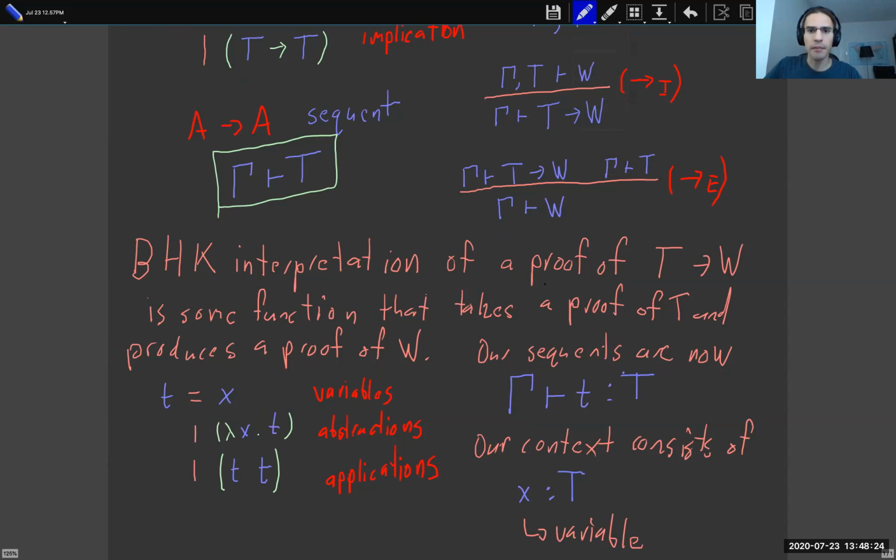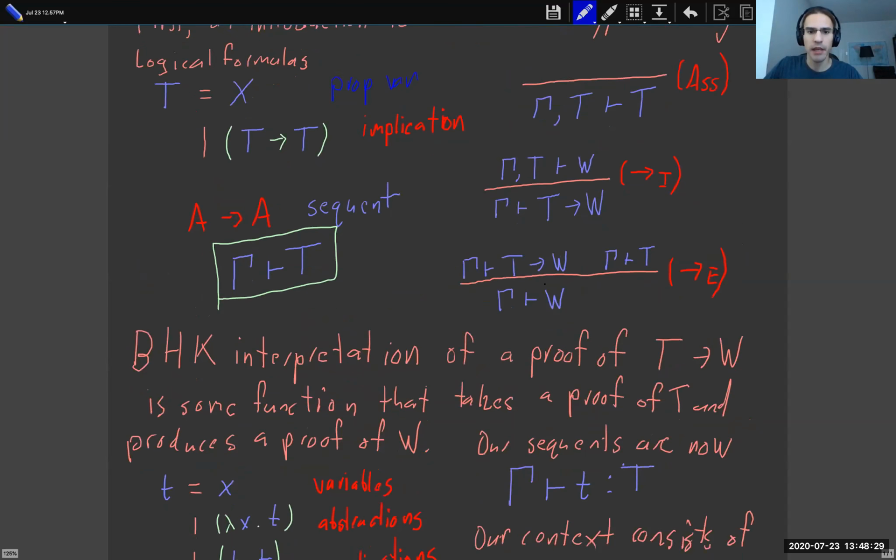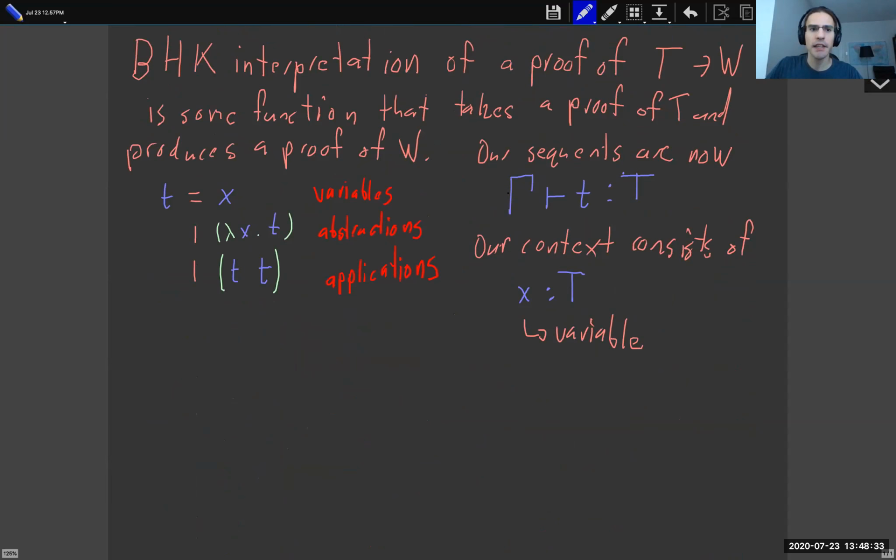And then I'm going to scroll past the original proof rules that we had because I'm about to rewrite them in the new form, where we've annotated the actual theorems, the formulas that we're proving, with proof terms. So we're not just saying that T is provable in a context gamma, we're saying more strongly that T is provable and the term t is a proof.